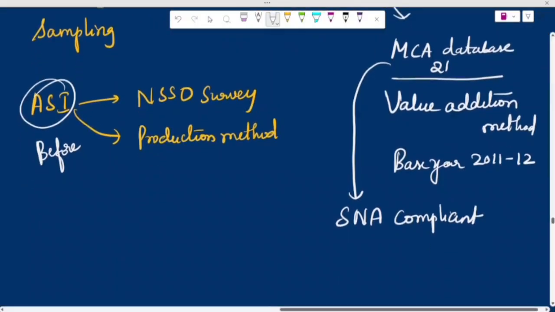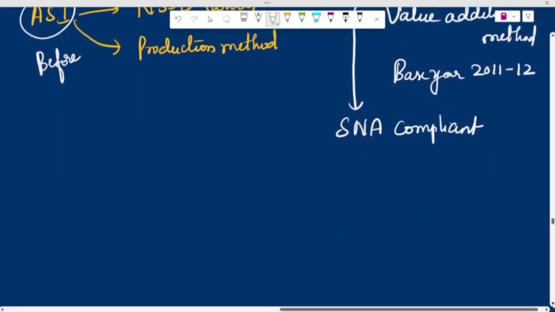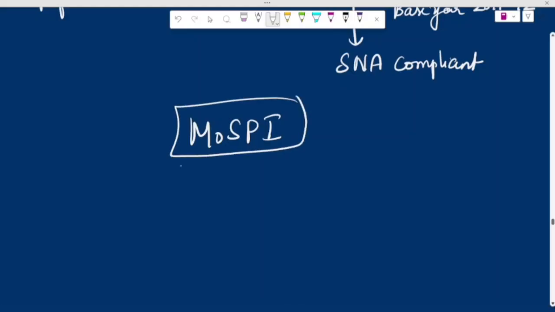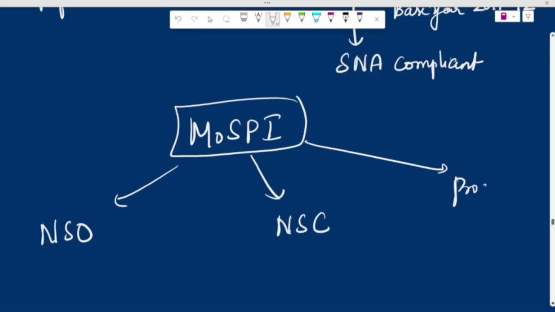Who will be estimating this in India is the Ministry of Statistics and Program Implementation. They have a body called the National Statistics Office, the National Statistics Commission, and also a program implementation wing called MPLADS.